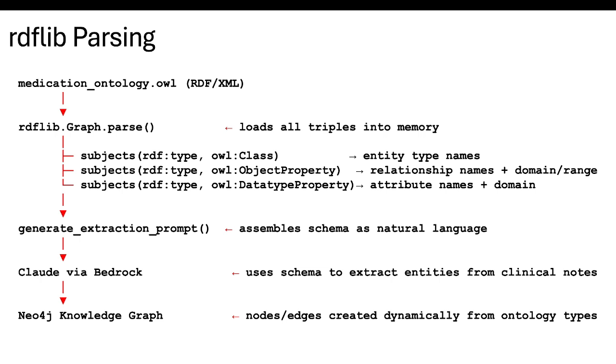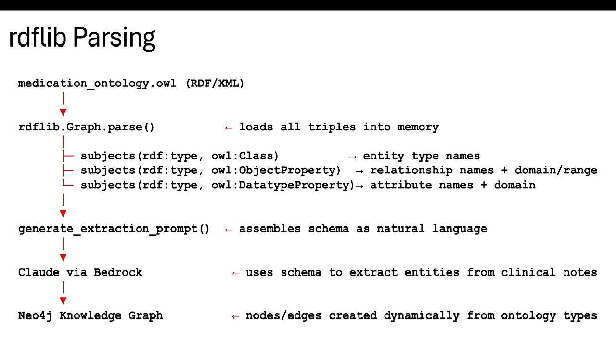Once you've done that, the key next step is that you're going to generate the extraction prompt. This is very important because the goal for you is that you want the LLM to generate the knowledge graph, not just some random way. You want it to follow the rules that are defined in the ontology file.